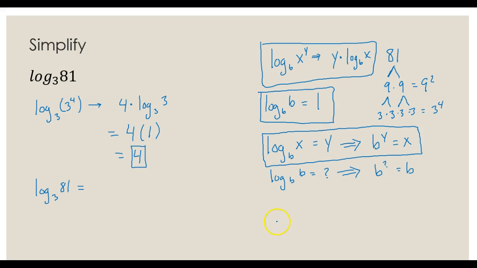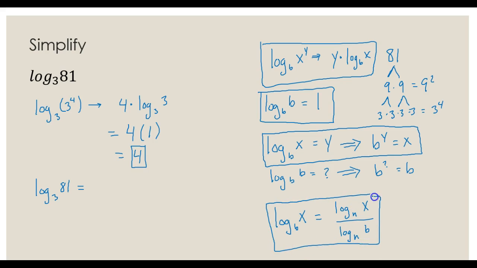Log base b of x equals the log base n of x divided by the log base n of b. What that says is that any number can be the base of x, but we can transfer it into a different kind of log.